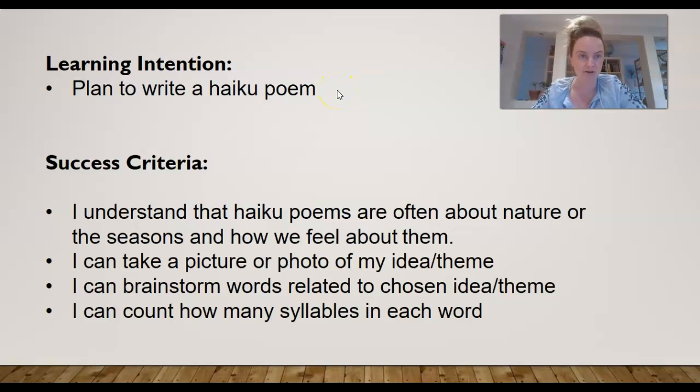Our success criteria, so if we know that we've done well today with our writing, we're going to be able to do these things. You're going to be able to understand that haiku poems are often about nature or the seasons and how we feel about them. You're going to be able to take a picture or a photo of your idea or theme that you will come up with in a minute.